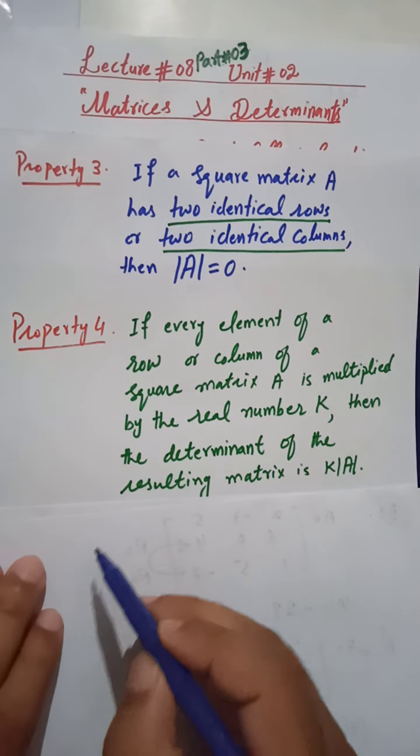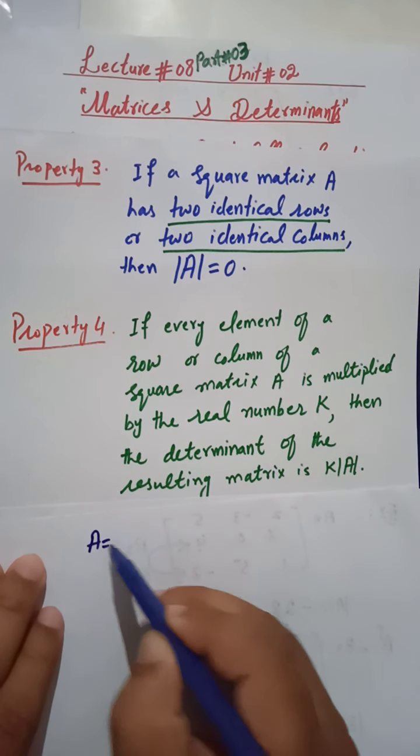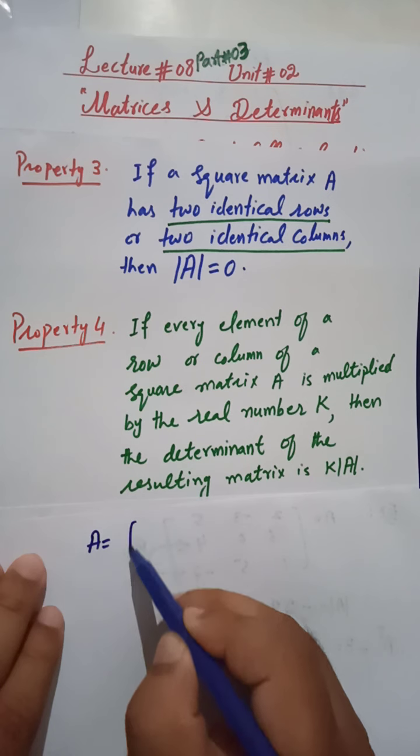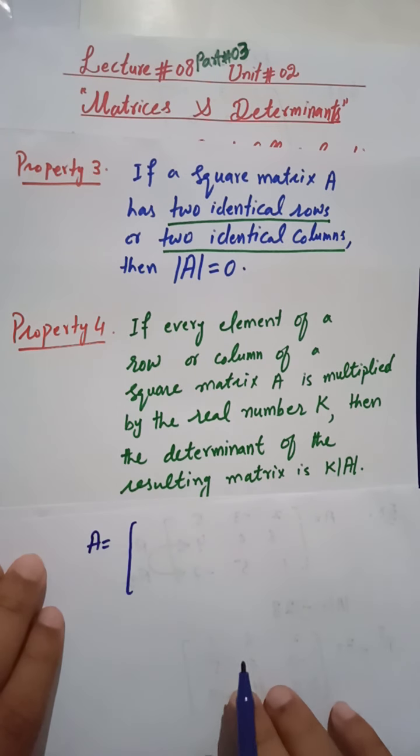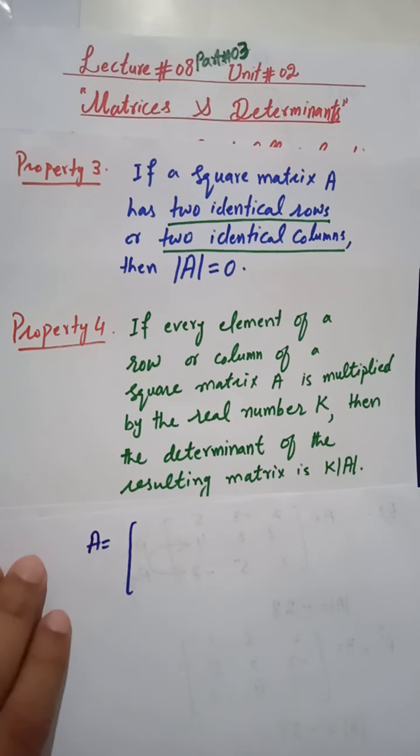What does it mean? It means that let's say we have a matrix, which I am considering from example number 1. Let's say this is the matrix. I am considering the examples which we already know.